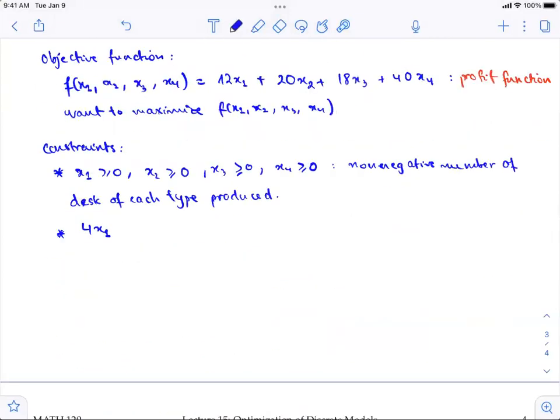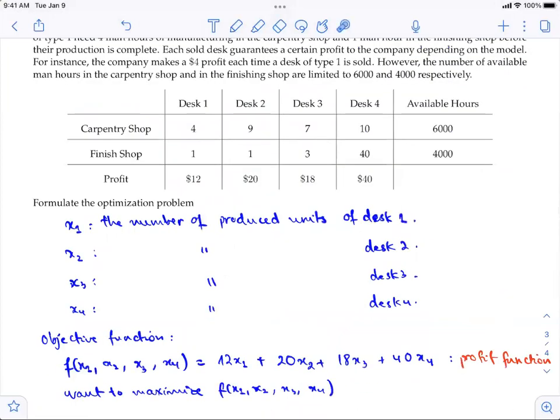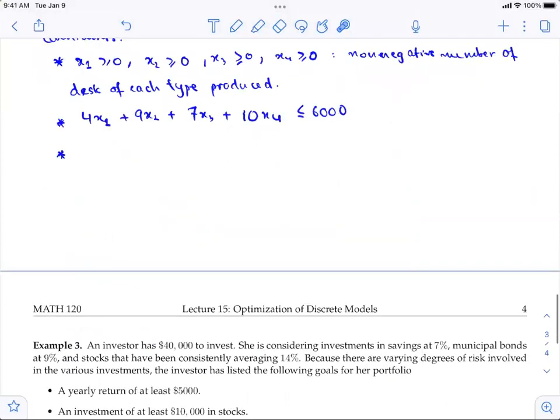So 4x1 plus 9x2 plus 7x3 plus 10x4 less than or equal to 6,000. And in the finishing shop, the number of available man hours should be 4,000. So x1 plus x2 plus 3x3 plus 40x4 has to be less than or equal to 4,000.